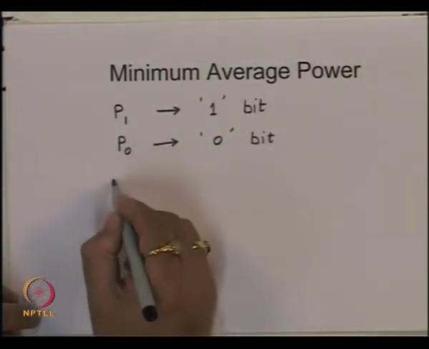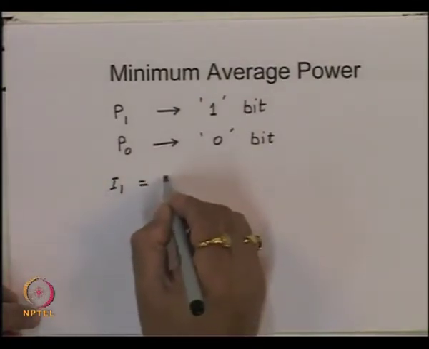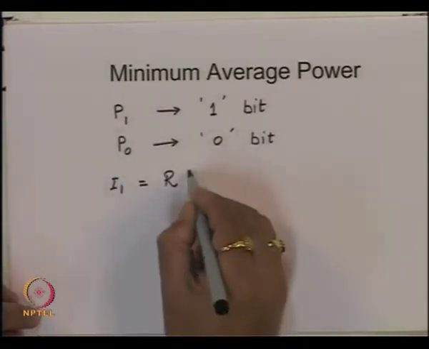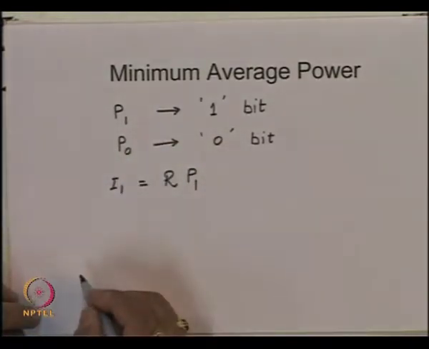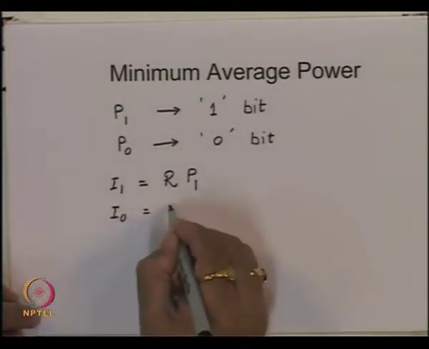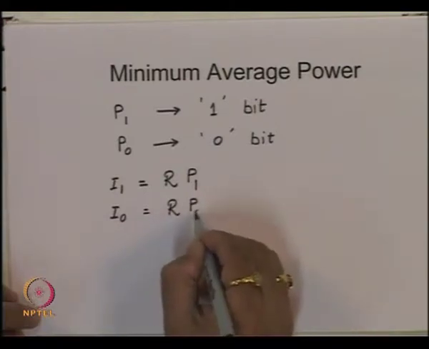So, I1 will be equal to the responsivity of your detector multiplied by this power P1. Similarly, I0 will be the responsivity of the receiver multiplied by this power P0.